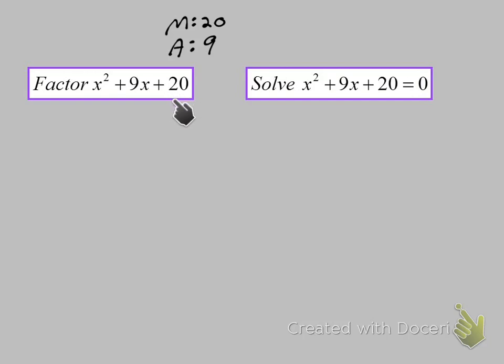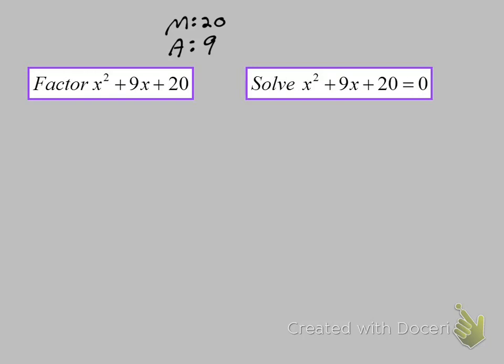Now think about how FOIL works. Your first is your first times your first, typically x times x, which gives you x squared. Go to your last. Your last is a number times a number, and those two numbers give you usually the end number, in this case 20. Your middle two you always do what with?